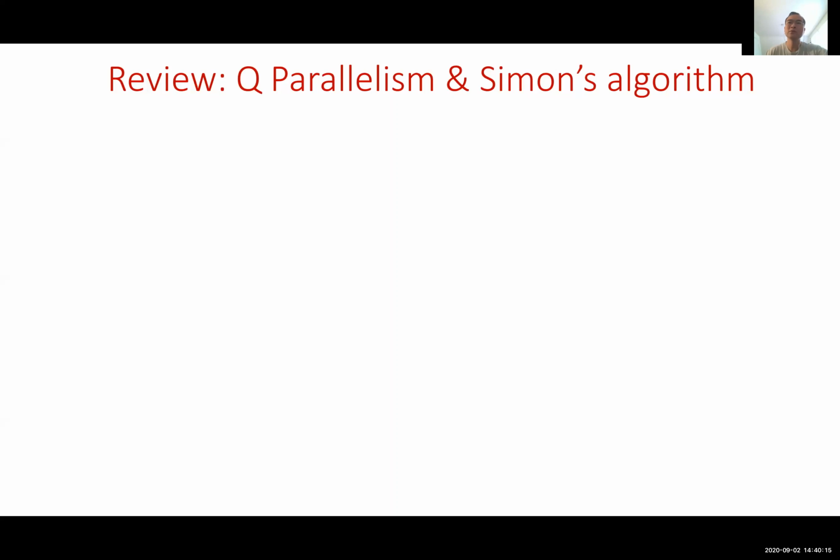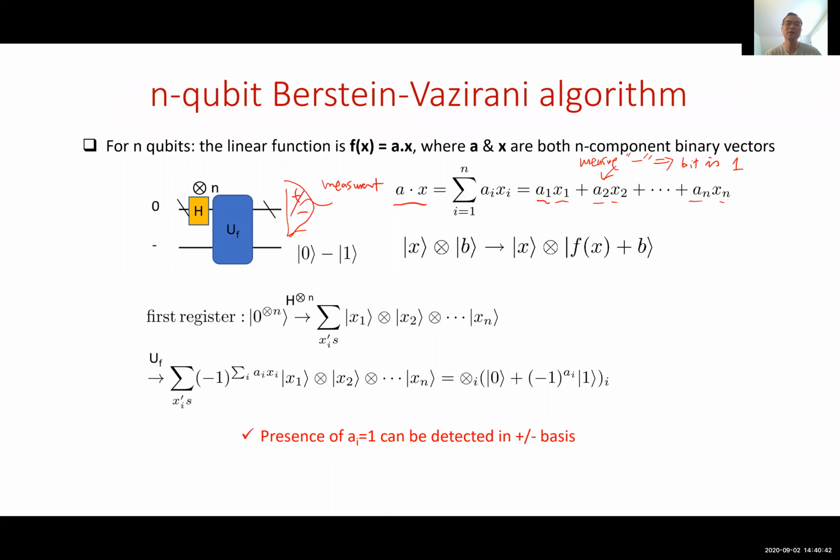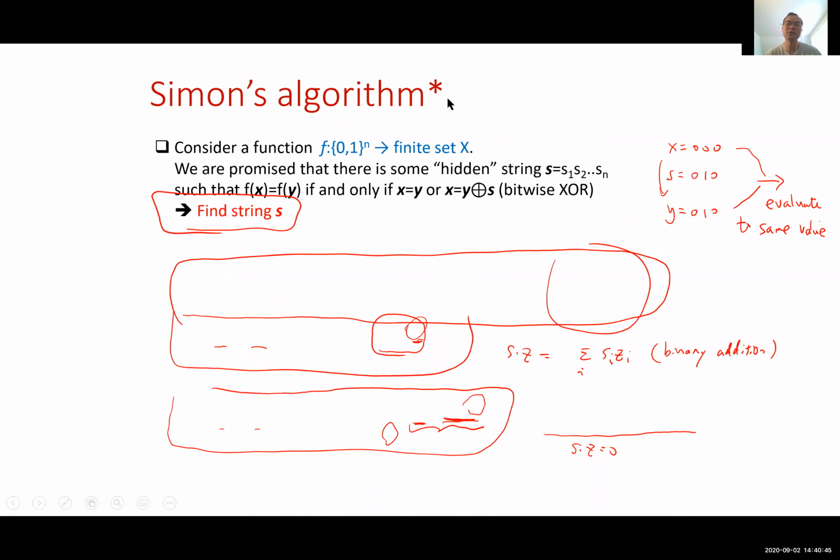So I will start today's lecture by reviewing two subjects, quantum parallelism and Simon's algorithm. I want to remark that Simon's algorithm is a more advanced topic, so in the slide, I sort of mark it as a star.